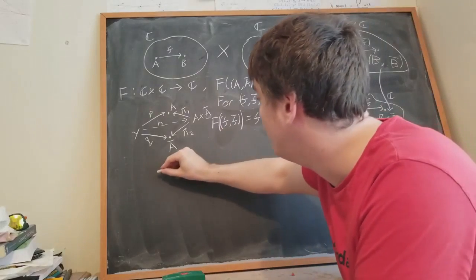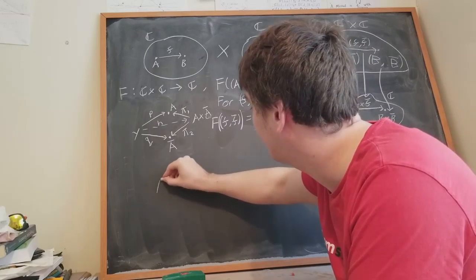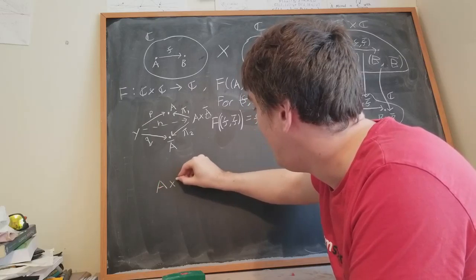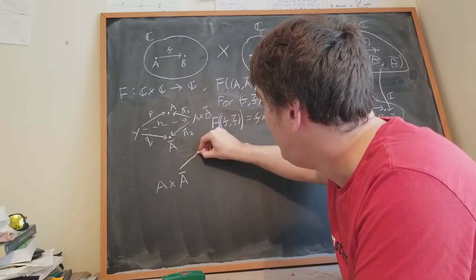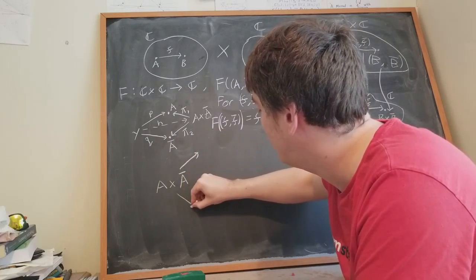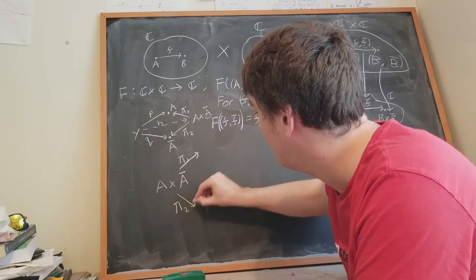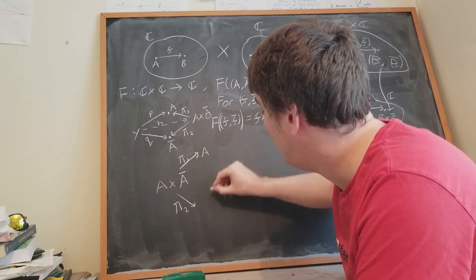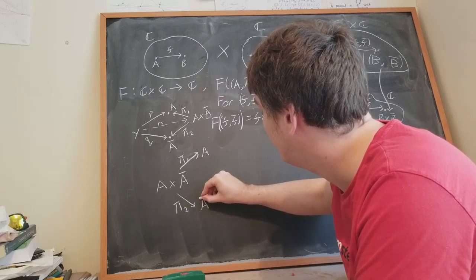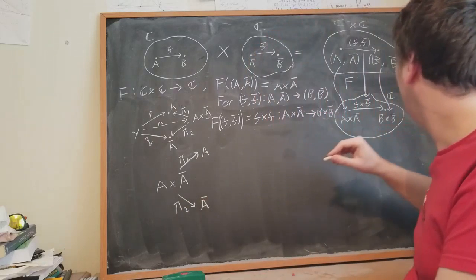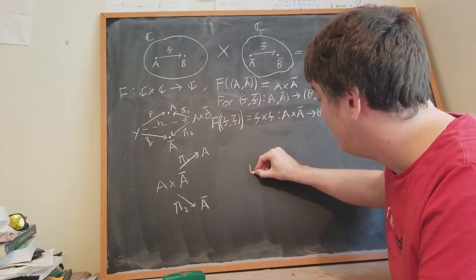So the way it works is we have A times A bar over here, and we know it has these projections, pi 1 and pi 2, which go into A and A bar. We also have this thing here, which has a similar type of nature.